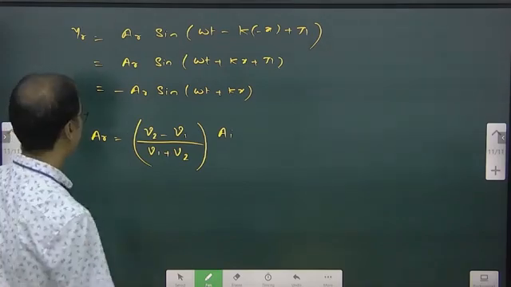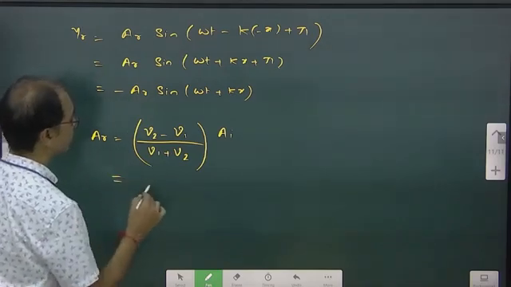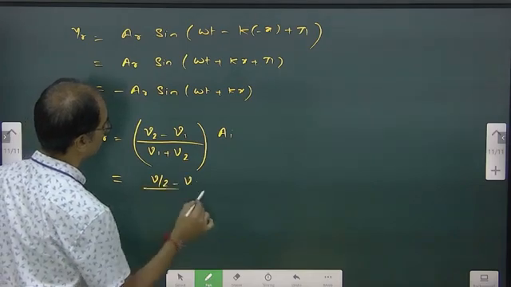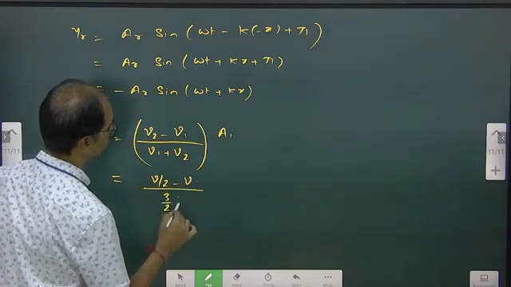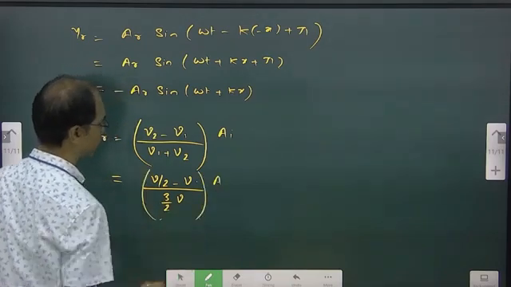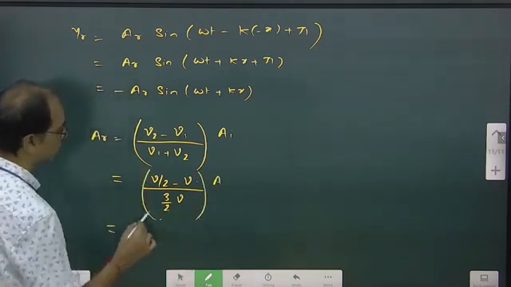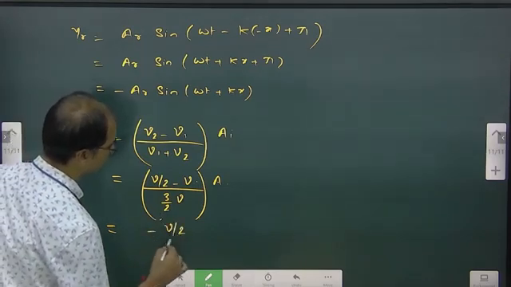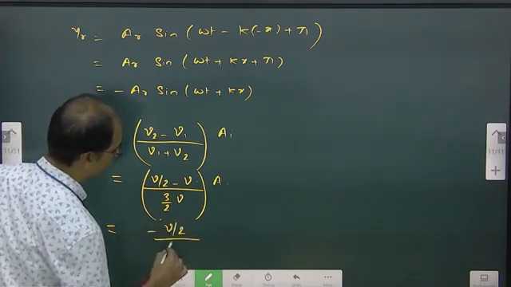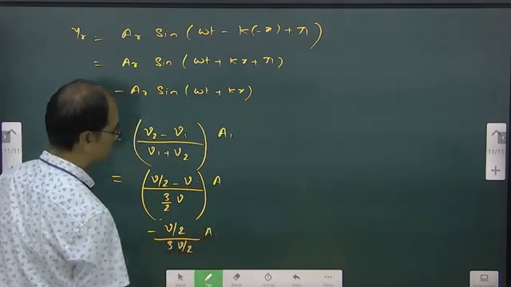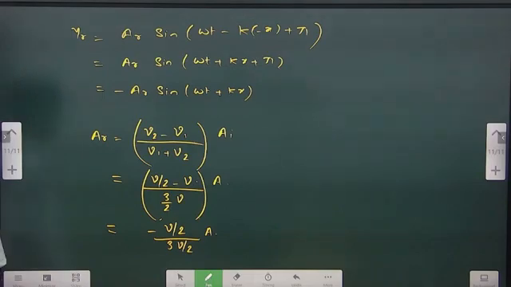Correct? So what are we getting? V2 is V by 2, minus V, by 3V by 2, into A. Okay, so what are we getting? This is minus V by 2 by 3V by 2 into A. Have I done it correctly?